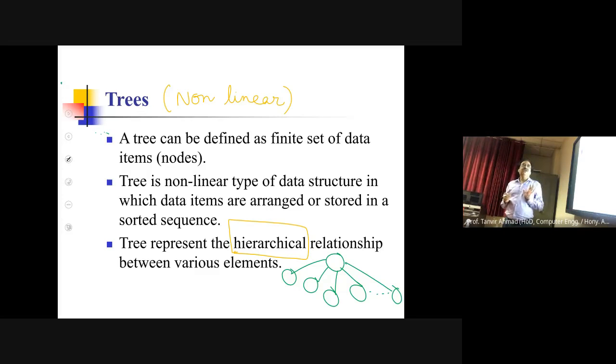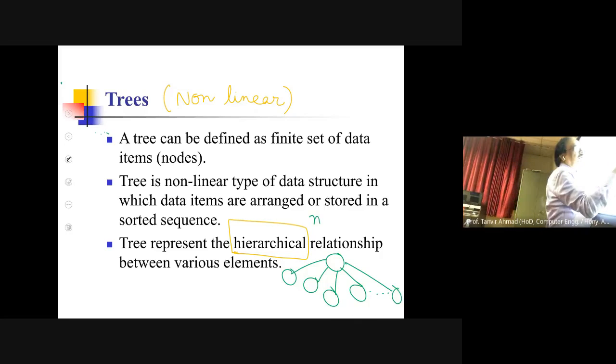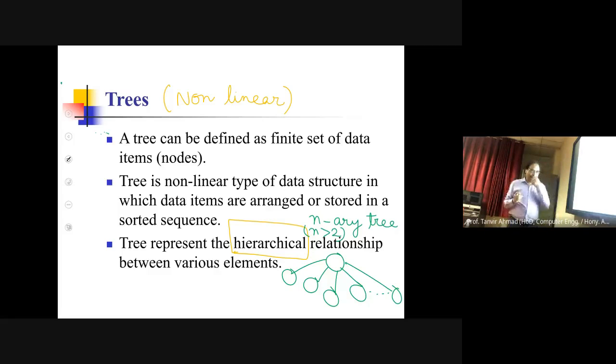This is called an n-ary tree, where n is always bigger than 2. It could be a trinary tree or a tetranary tree, but we don't use those words. We only use the words binary tree or n-ary tree.